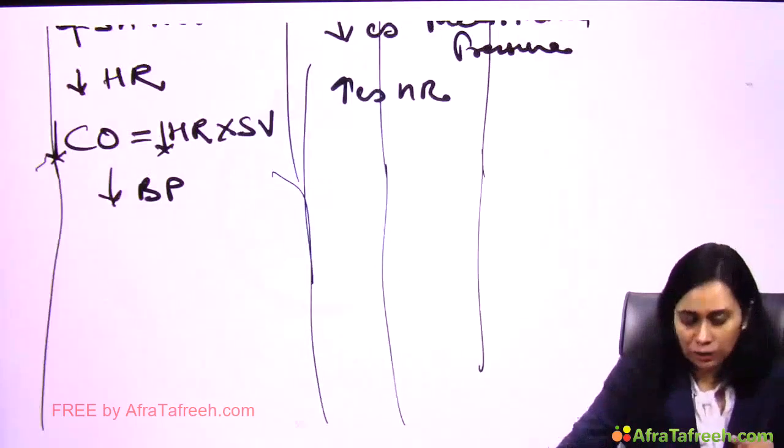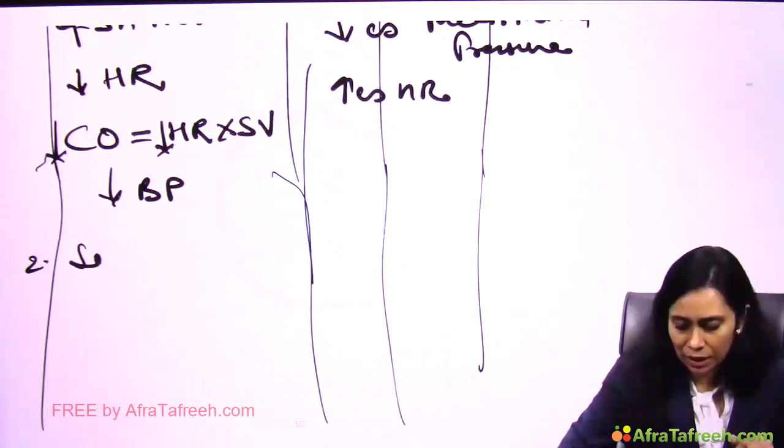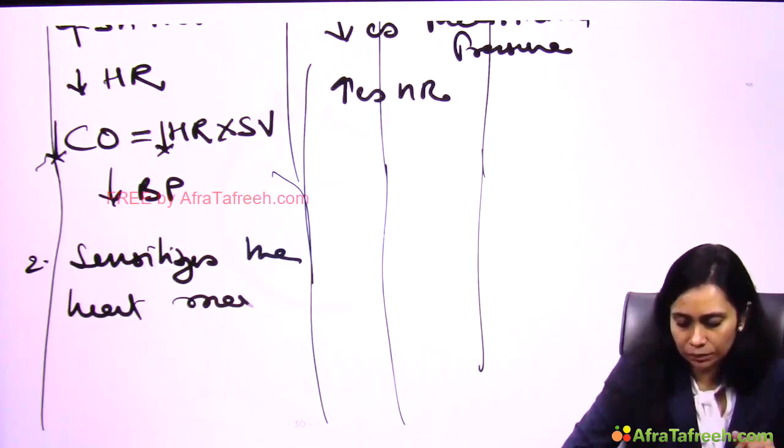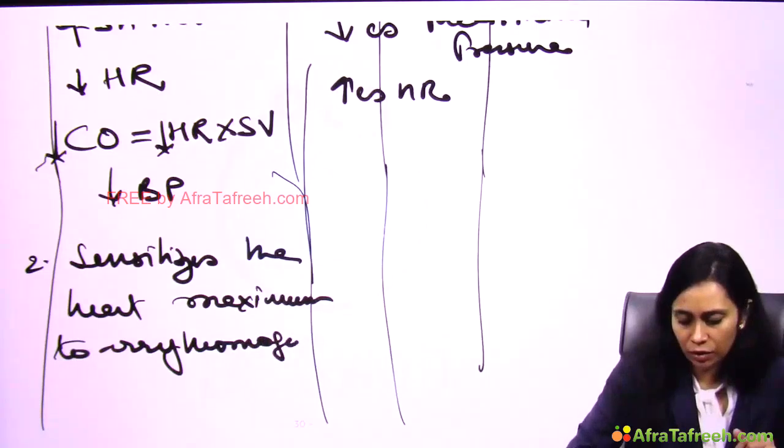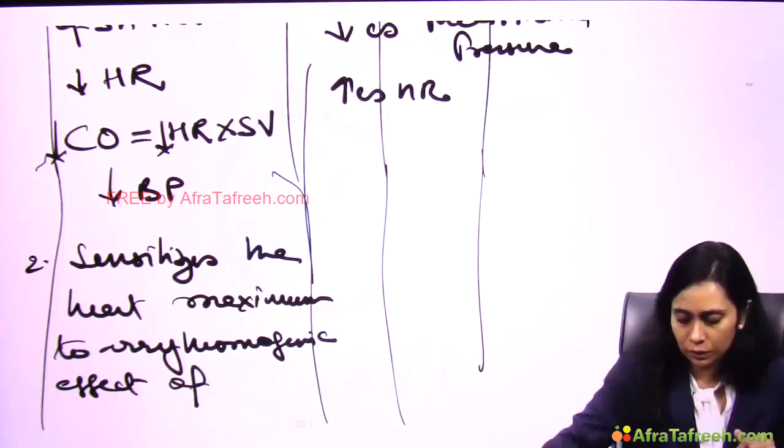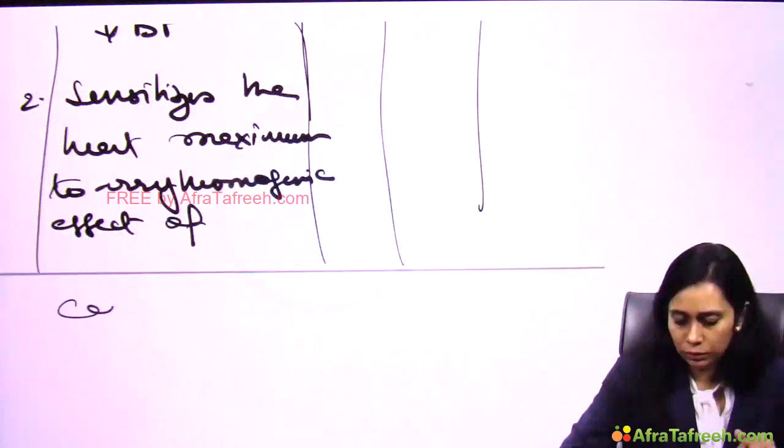Halothane, second point: sensitizes the heart maximum to the arrhythmogenic effect of catecholamine.